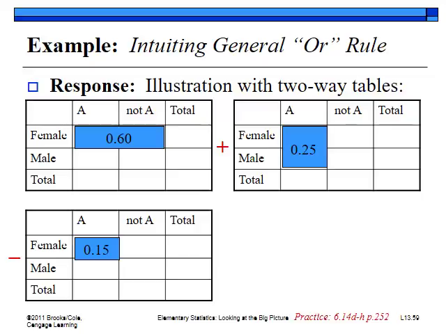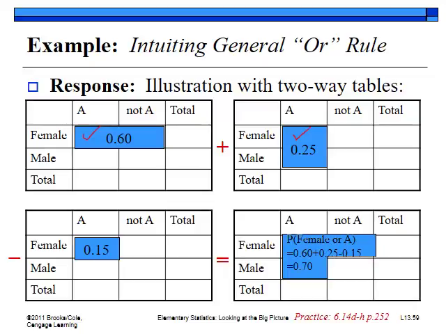When we add those together, we will have included the students in the A and female cell twice. So we subtract them out once, and the result is the 0.7 as we saw before.